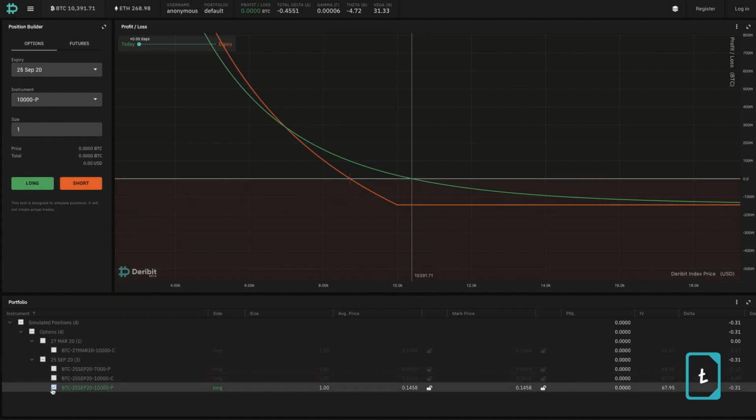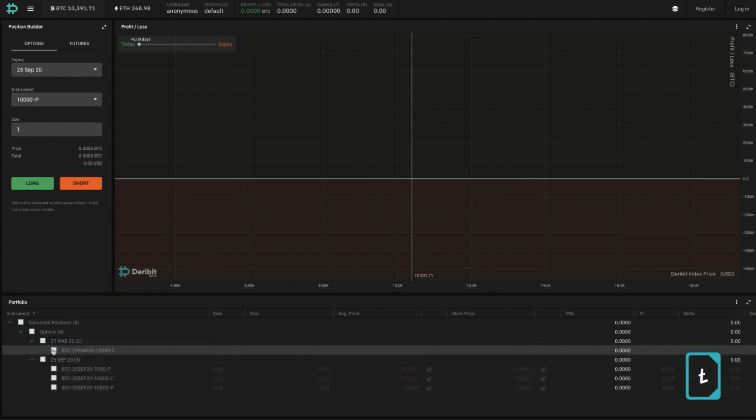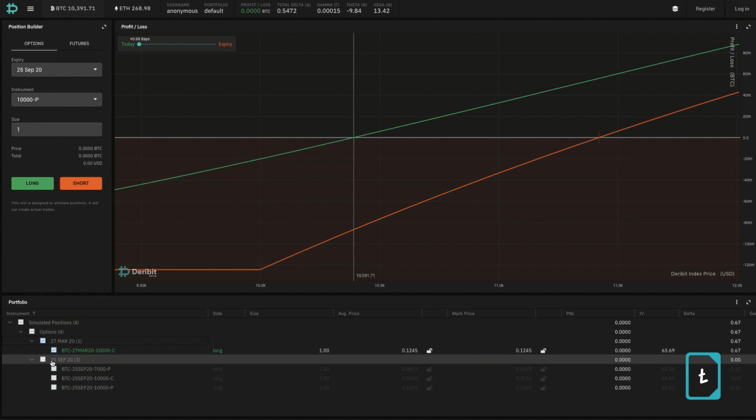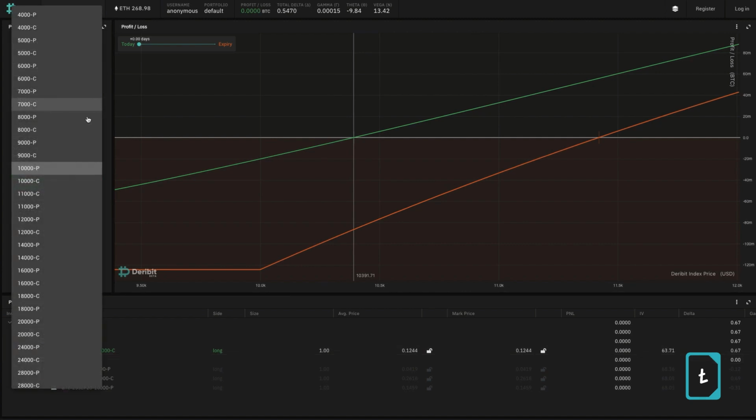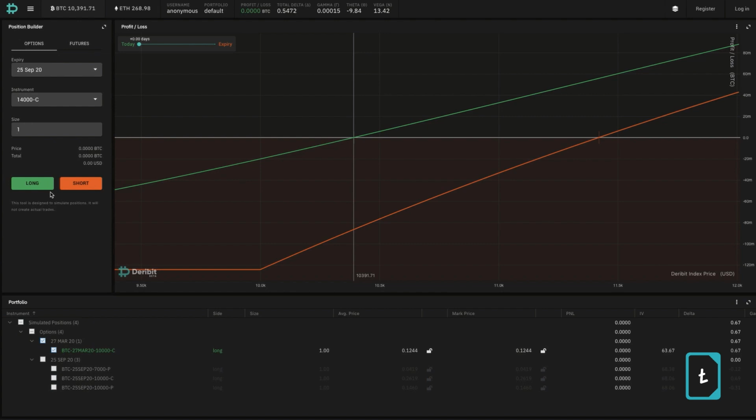So what are some other things you could do? Well, someone could, for instance, buy multiple positions. They could stack these. So you could have bought that $10,000 call for March, but you could say, you know what, I want a $14,000 call for September that costs 0.15.